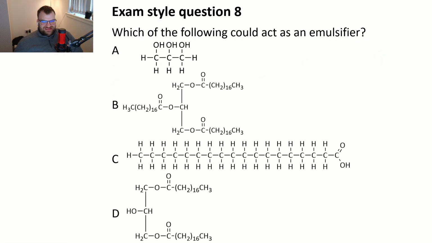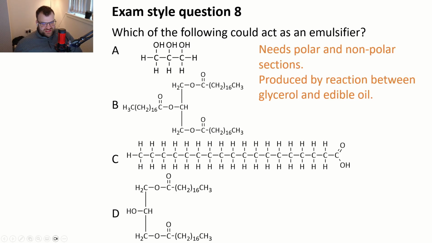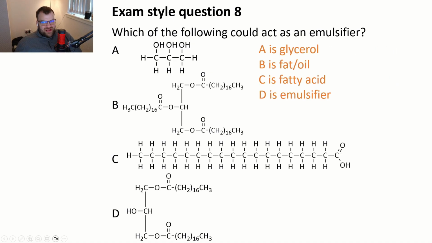In this one, we're given diagrams of different compounds and asked which of the following could act as an emulsifier. We're looking for something that has both polar and non-polar sections. It's also helpful to remember that glycerol and edible oils react together to form these things. We're looking for something that's a cross between glycerol and an edible oil. A is glycerol. It's propane 1,2,3 triol.